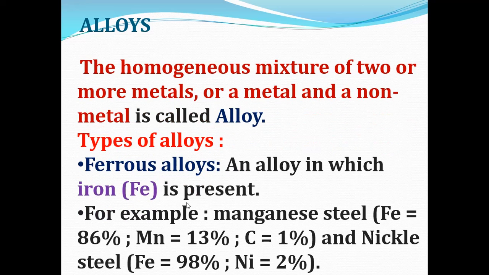Now we will go to the next concept, that is alloys. What is meant by alloys? The homogeneous mixture of two or more metals or a metal and non-metal. Homogeneous means uniform mixture, which has a uniform composition.